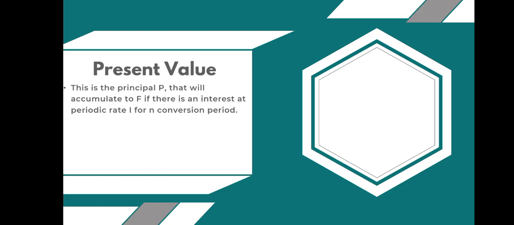Okay, let's proceed to another important notation and definition of terms that we need to be familiar with in compound interest, and that is present value. So, the present value is the principal P that will accumulate to F if there is an interest at periodic rate I for n conversion periods. So, ang formula niya dito is simply P is equal to F times (1 plus I) raised to negative n.